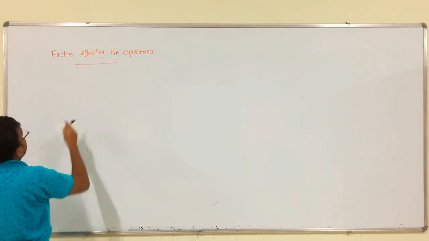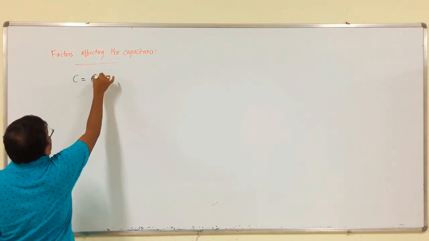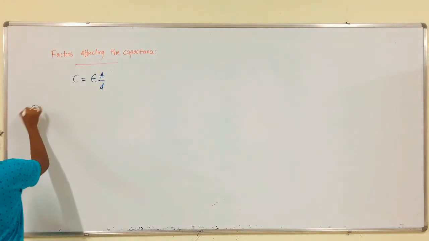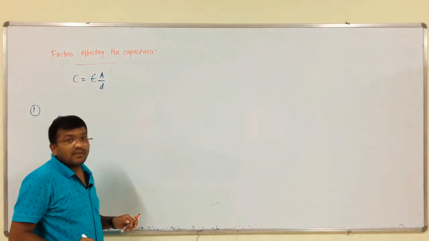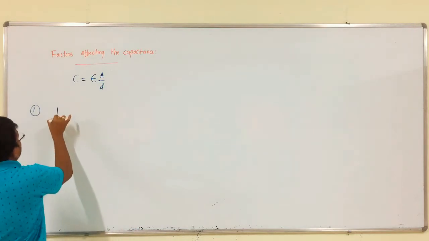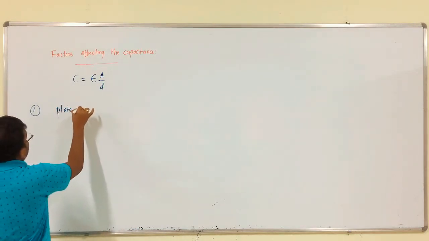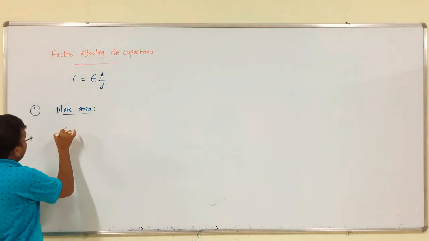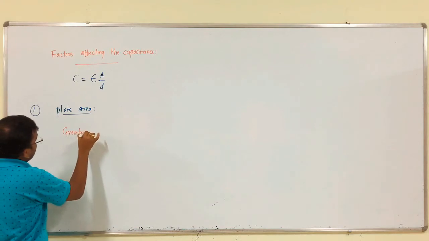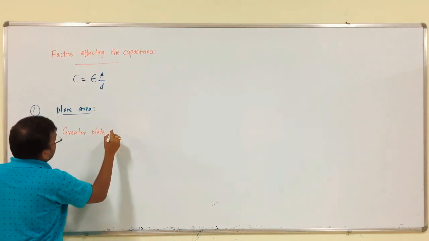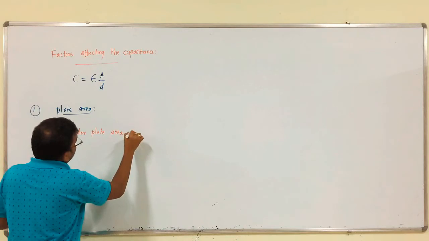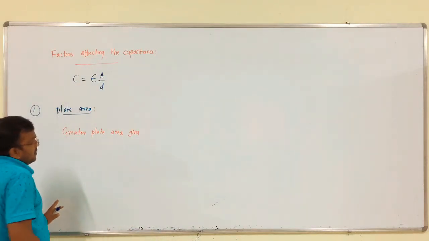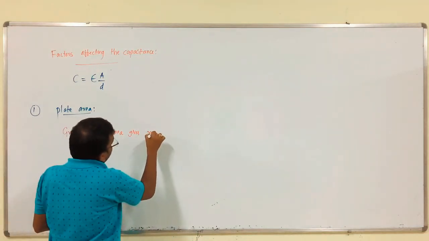We all know that C equals epsilon A by D, right? So the first one is plate area. Greater plate area gives more capacitance, since C is proportional to the area of the cross section.